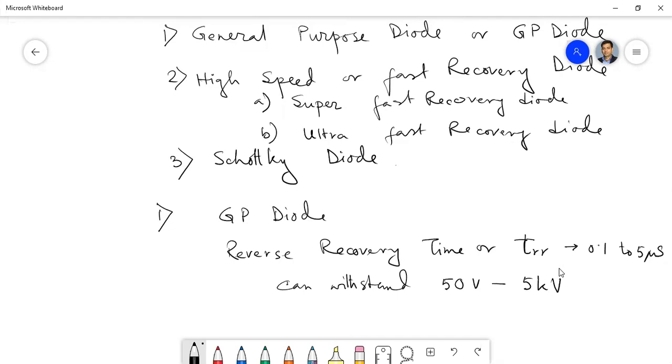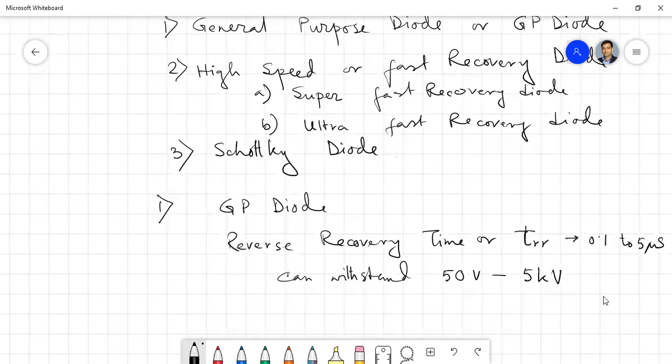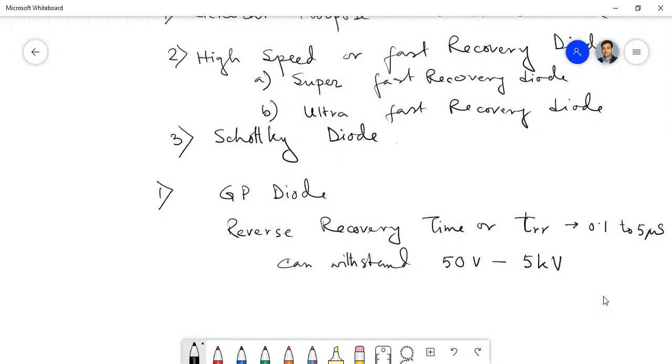This type of GP diode, or general purpose diodes, are available in several hundreds of amperes current rating, and voltage ranges between 50 to 5 kilovolt. And these diodes are used in UPS system, battery charging, etc.